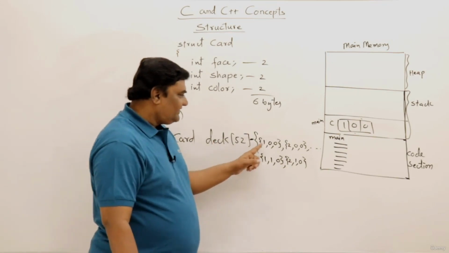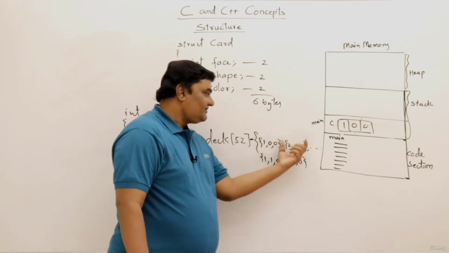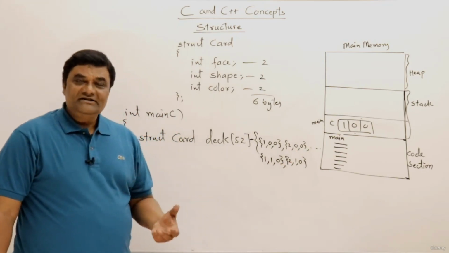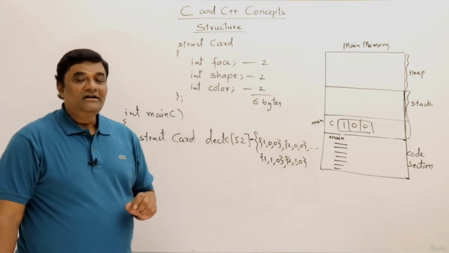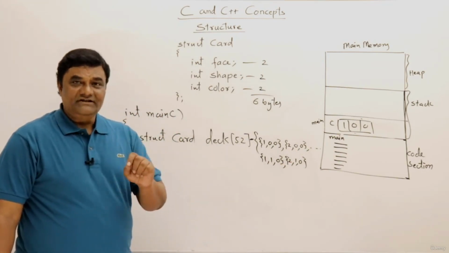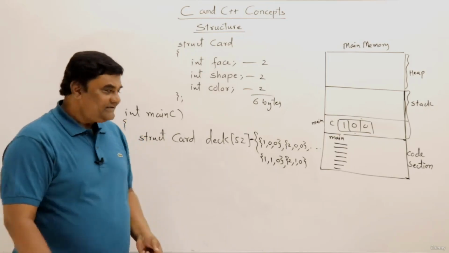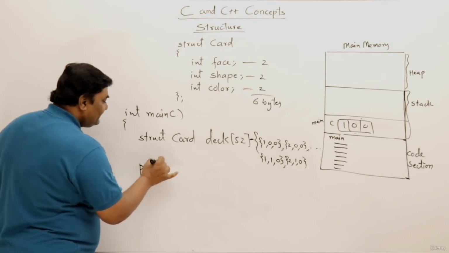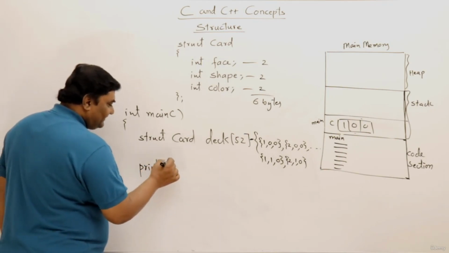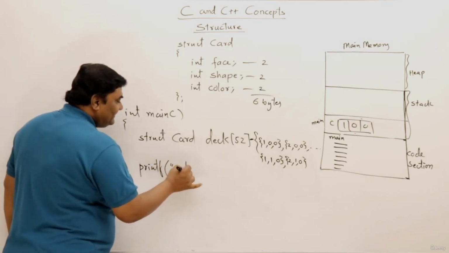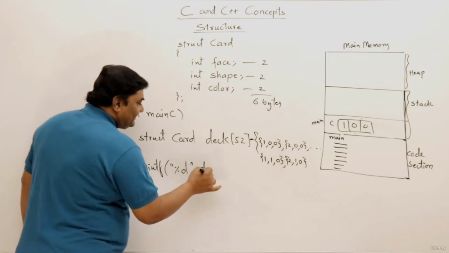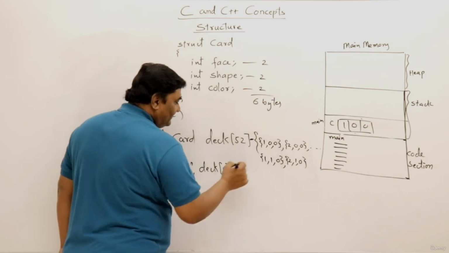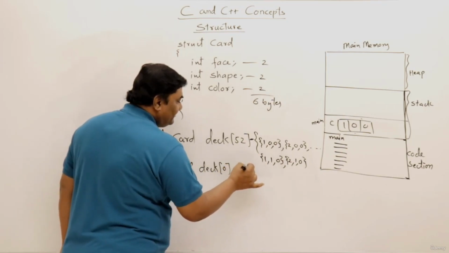So we can initialize an array of structures like this. This is the first structure, then second structure, then so on. So in this way we can initialize array of structures. If I want to access them individually, like the first card I want to display, then I can use dot operator. So let us print just a face value of first card. Printf %d deck of 0, that is this card, dot face.